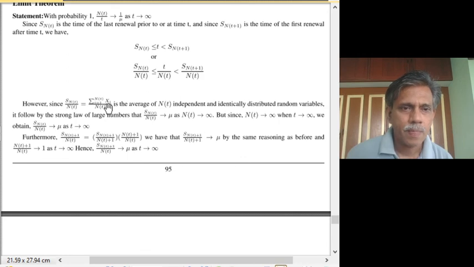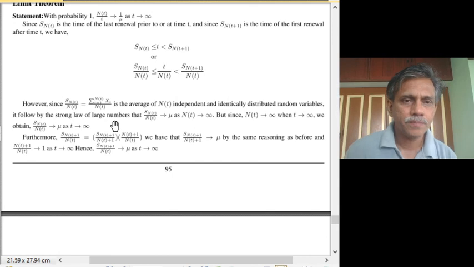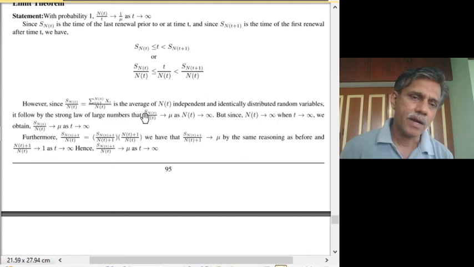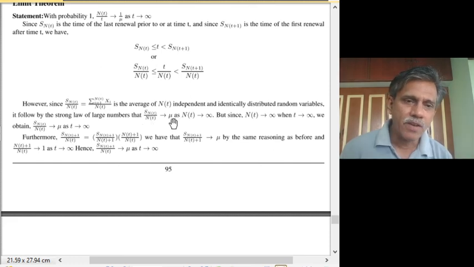And therefore we can see that this is the time divided by the number. So that will converge to mu. So this is what we find happens when N of t tends to infinity.